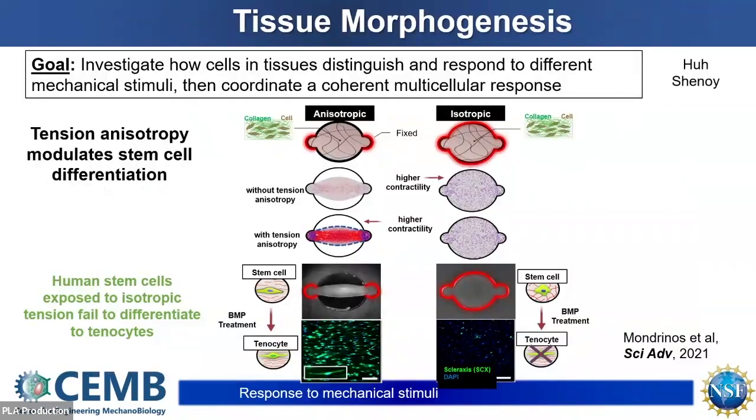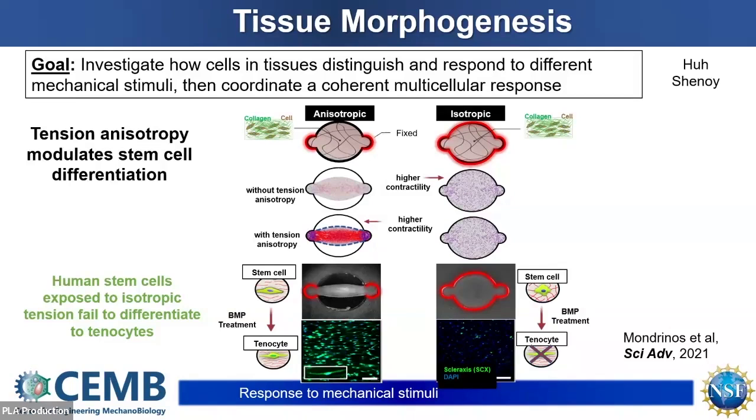Other devices have been made looking at tissue, even tissue morphogenesis, I would say, in devices where you can constrain or create either isotropic or anisotropic types of mechanical changes in the tissue. What you can see here is that if you constrain those two ends, these are collagen gels with cells embedded, these are stem cells, you get contraction along that principal stress axis, shown on the left.